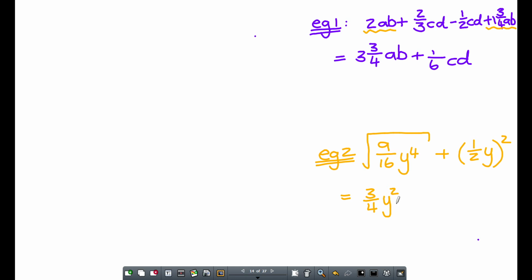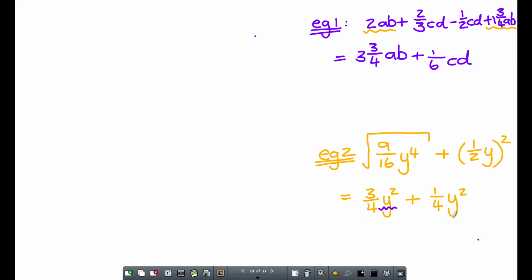Good. Plus. Now I want you to remember that the power of 2 applies to the half and to the y. So what is a half to the power of 2? 1/4. And y squared will become y to the power of 2. Now, what do we see?